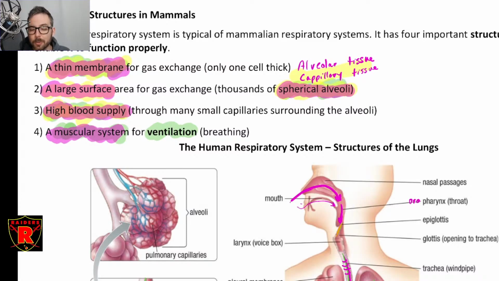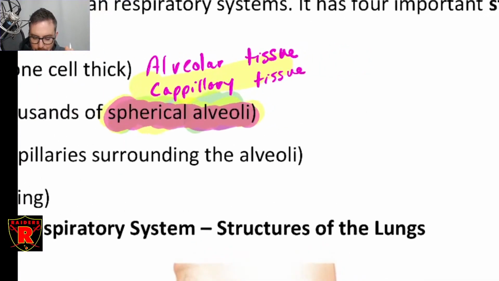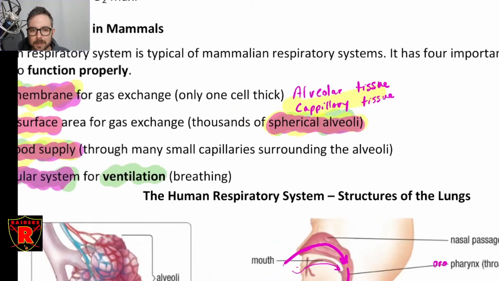That's one of the reasons why, by the way, your lungs are so fragile. They really are quite fragile because the membranes on the alveoli are tiny, teeny, teeny, tiny membranes, and they can be damaged quite easily. So when I'm talking about thin membranes, I'm talking about the alveolar tissue is very thin, and the capillary tissue, which is on the other side, is very thin. It's only 1 cell thick. It's basically as thin as you can make a tissue in your body.